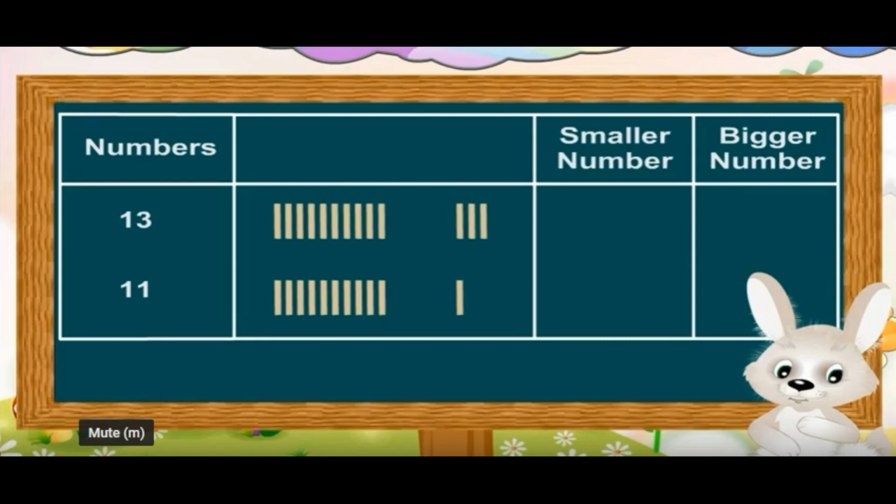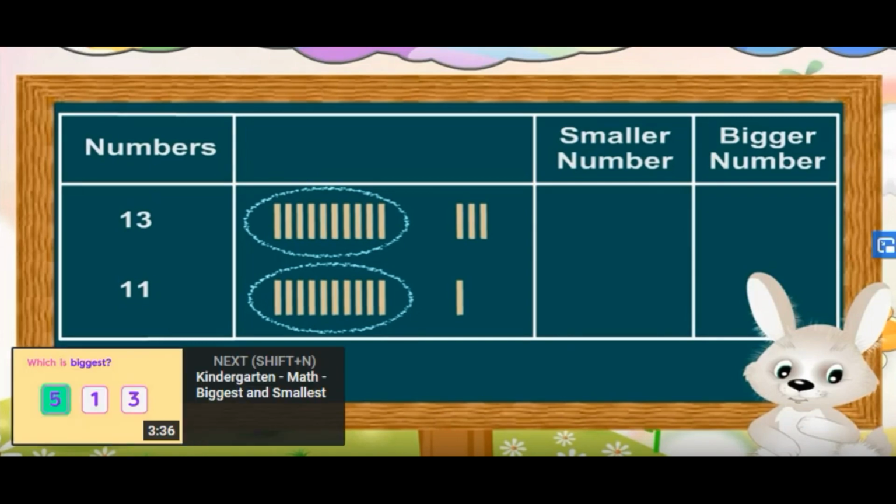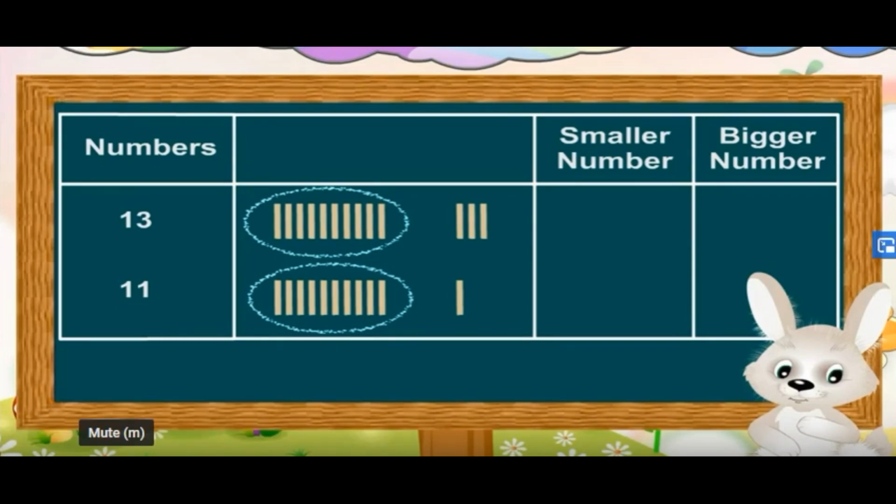Now let us make a circle to a 10, which means count 10 lines and encircle it in both the numbers 13 and 11. Now that you have created a group of 10 lines in both the numbers, let us find the remaining lines in number 13 and number 11.